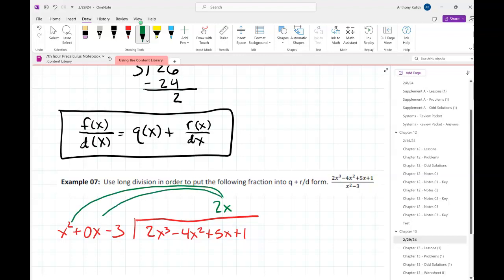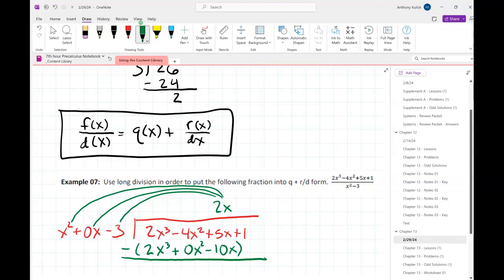Now that I have that, I'm going to multiply that 2x to all the terms of my divisor and write the answer underneath. And then just like before, I'm going to subtract down.